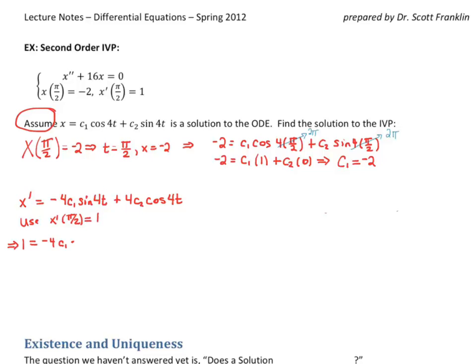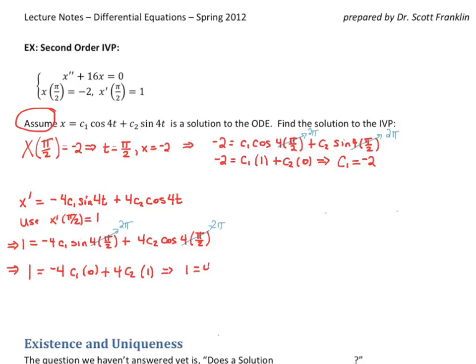We have 1 is equal to negative 4 c1 sine of 4 pi over 2, plus 4 c2 cosine of 4 pi over 2. Those are both 2 pi, and sine of 2 pi is again 0, cosine of 2 pi is 1, so you end up with 1 is equal to negative 4 c1 times 0 plus 4 c2 times 1.